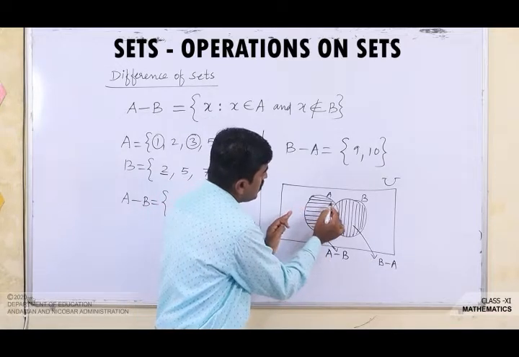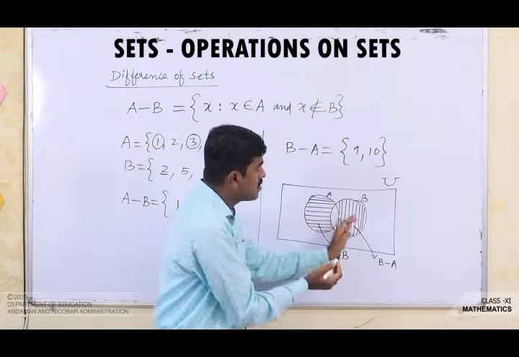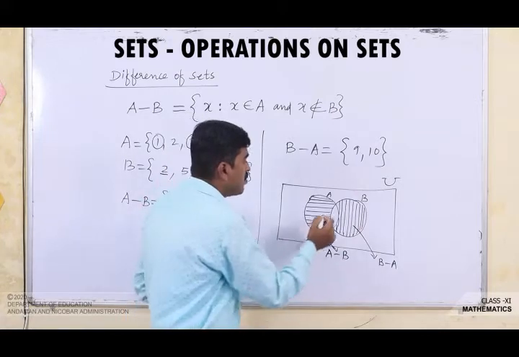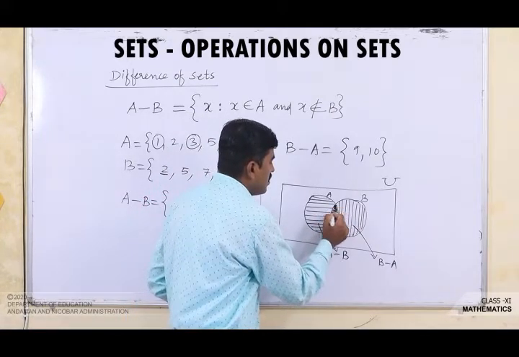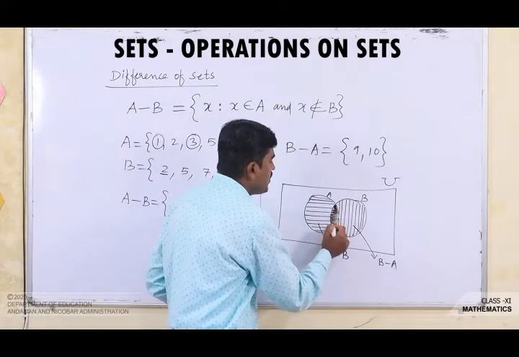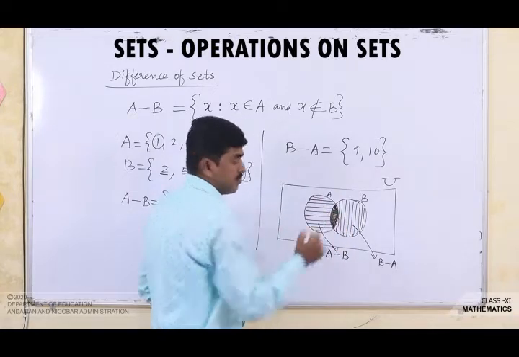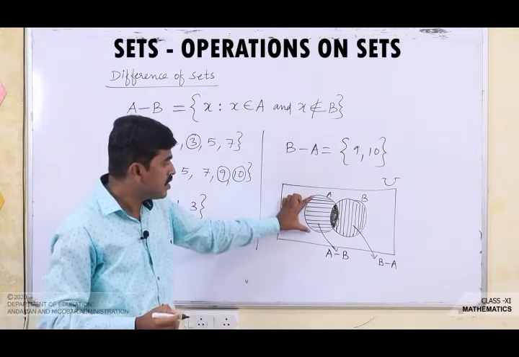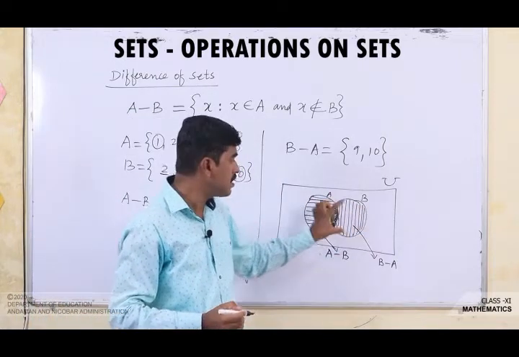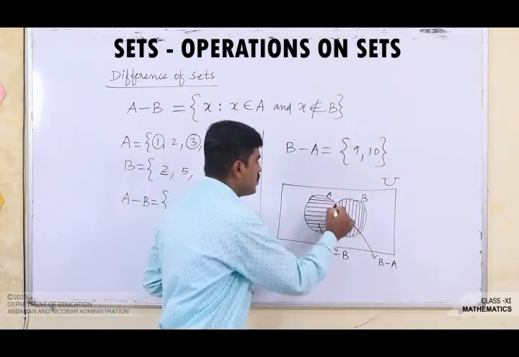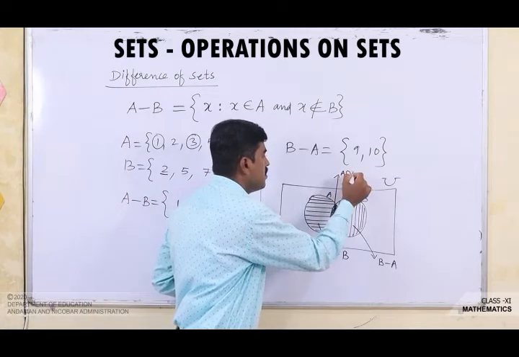So this portion represents A minus B and this is B minus A. And what about this region? This is the intersection of A and B. This is A intersection B. Is it clear? So this is A minus B, this one is B minus A, and this is A intersection B.